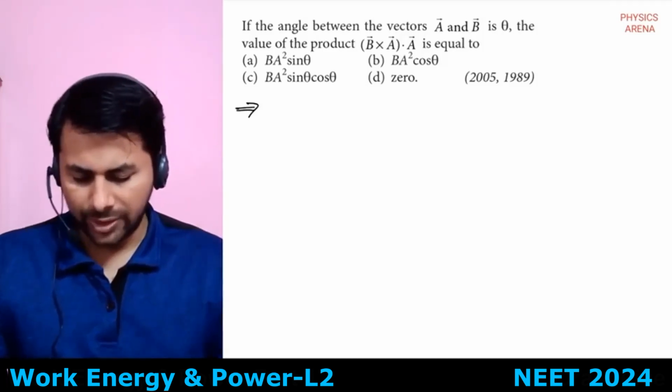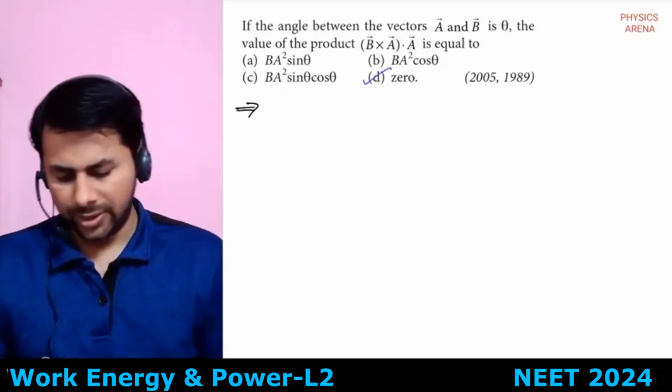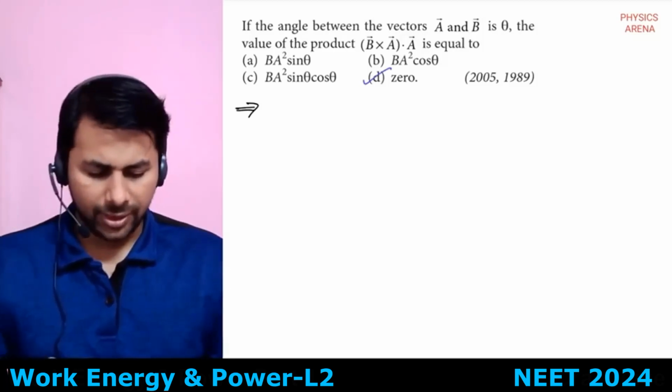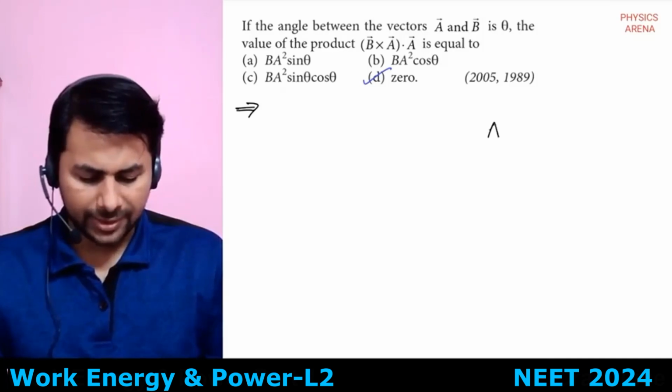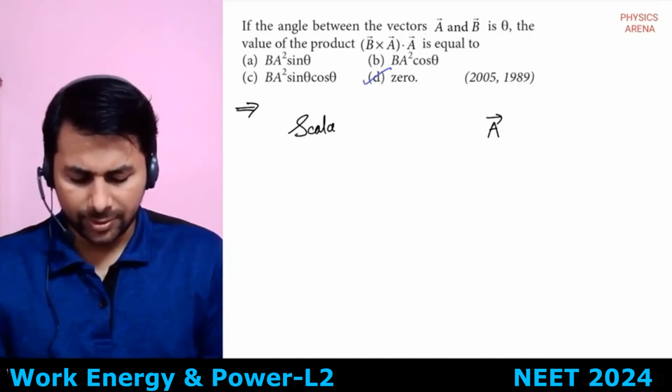Okay. So actually it is 0. I can tell you, if you had maths, then you might have heard about the scalar triple product. So do you know scalar triple product?